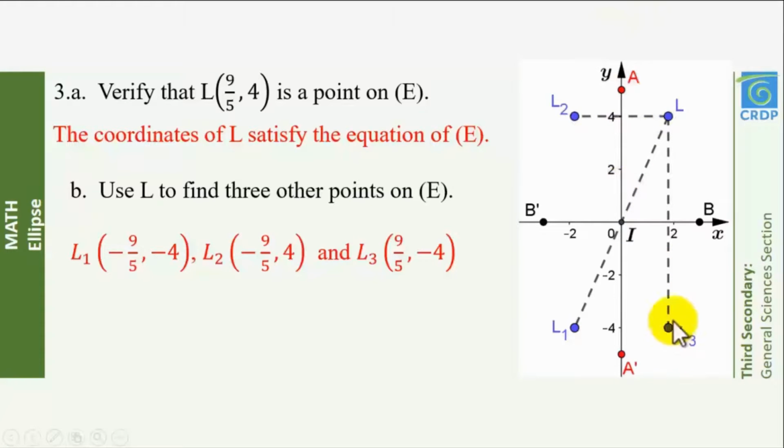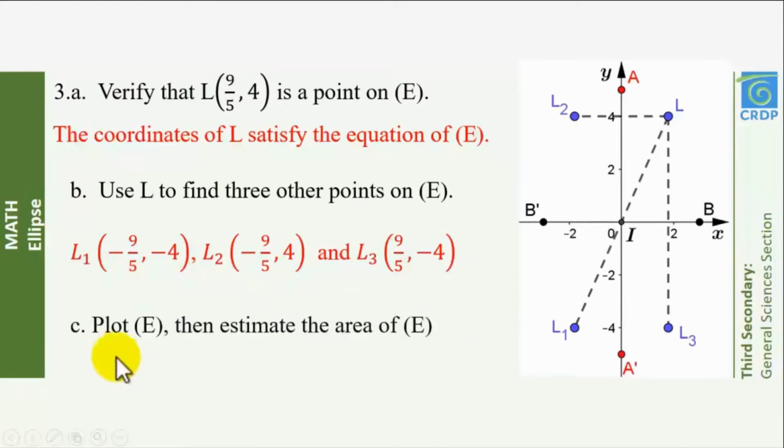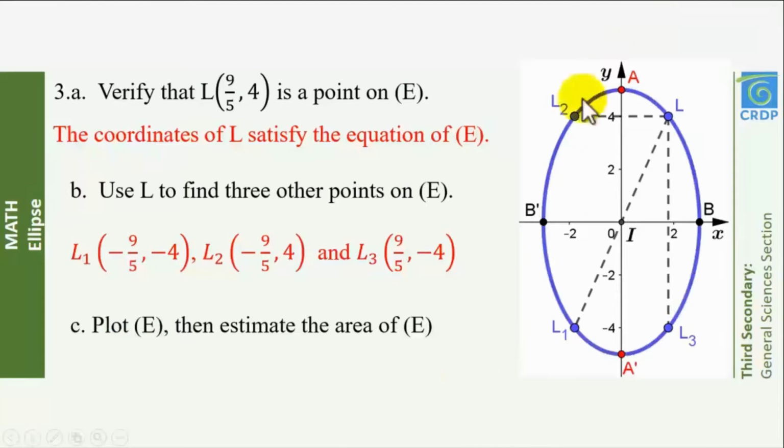L3 (9 over 5, minus 4) is the symmetry of L with respect to x prime x. L1, L2, L3 are all on E. Plot E, then estimate the area of E. We draw E by joining A, L, B, L3, A prime, L1, B prime, L2.